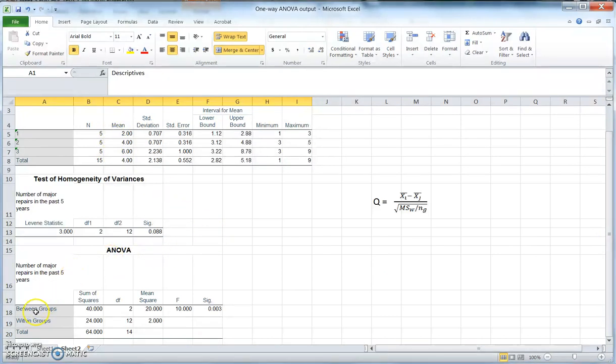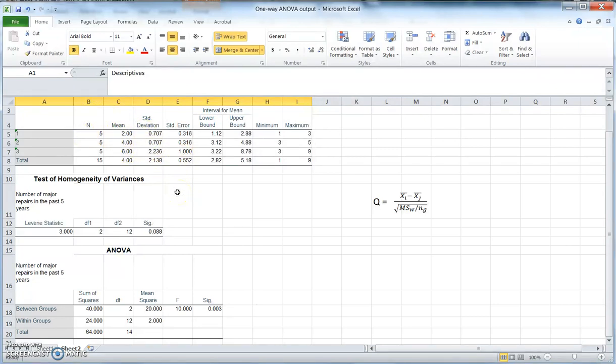The ANOVA test shows that with the F test of 10, the p-value is 0.003, which is lower than alpha equals 0.05. So I'm going to reject the null hypothesis and come to a conclusion that there are significant differences in the number of major repairs between some of the 3 models.